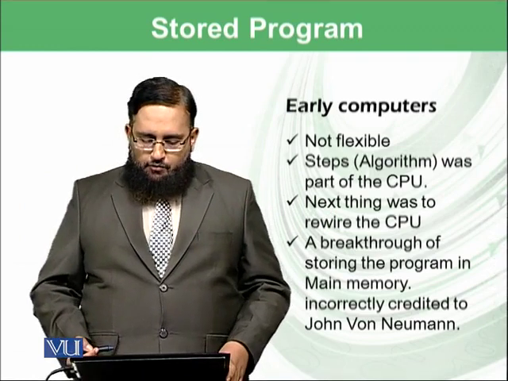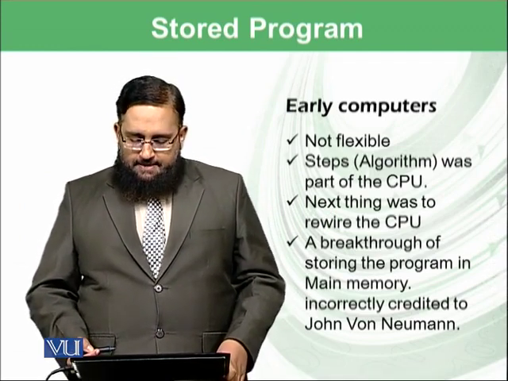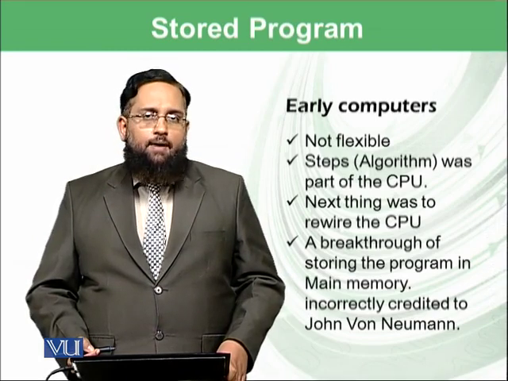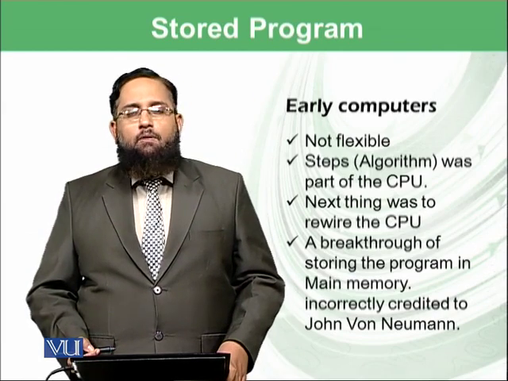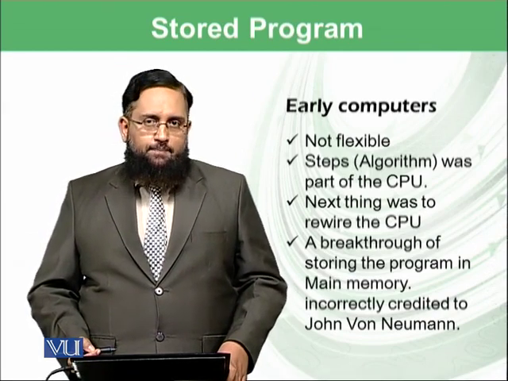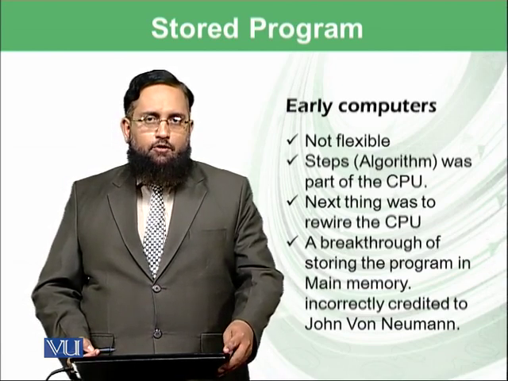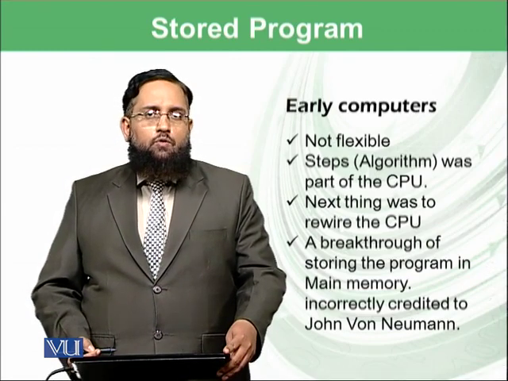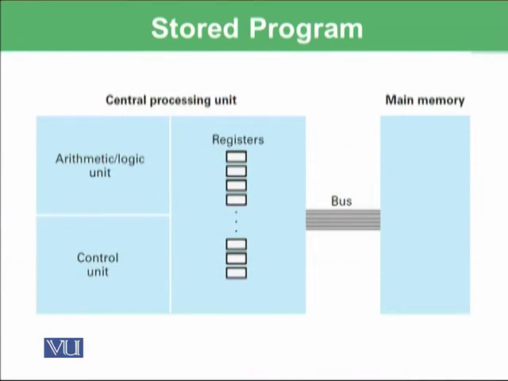So the breakthrough of storing the program in main memory is incorrectly credited only to John von Neumann. Different people were working on this concept in the world, and there is a lot of information in your book about which groups were actually working to store the programs in the main memory.